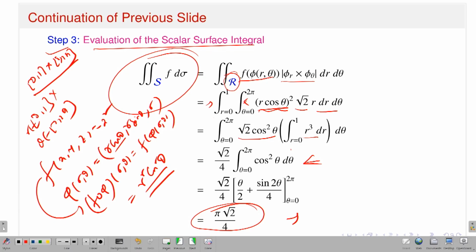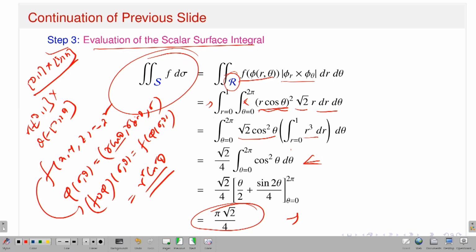So if I give a function and a smooth surface, how do you calculate? A couple of steps you have to follow. First, get the parameterization of your smooth surface, then calculate the vector φ_u cross φ_v, or φ_r cross φ_θ, depending on which parameterization variables you are using.